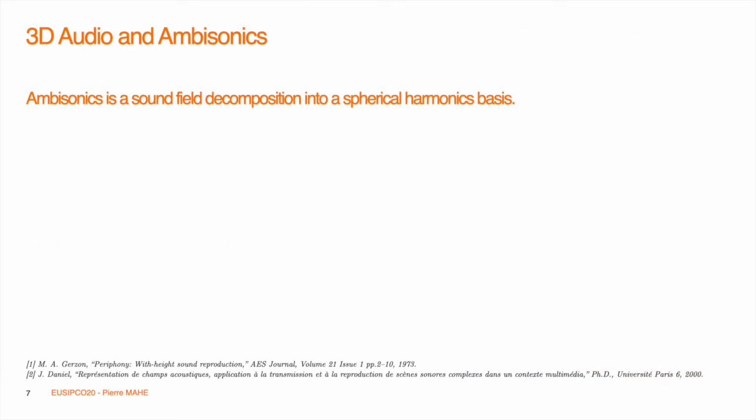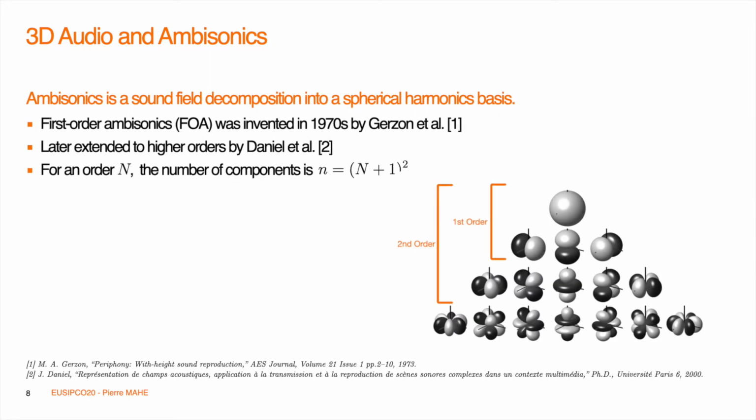There are different ways to represent spatial audio scenes. Ambisonic has become an attractive format due to its flexibility in terms of recording and restitution setup. Ambisonic is a sound field decomposition into a spherical harmonics basis. The signals projected on one dimension are called Ambisonic components, or just components for short.